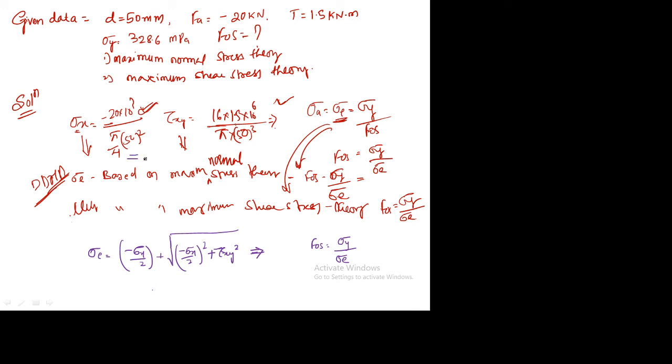So how much did you get for sigma x? Minus 1.08, right? Next, tau xy, how much did you get?